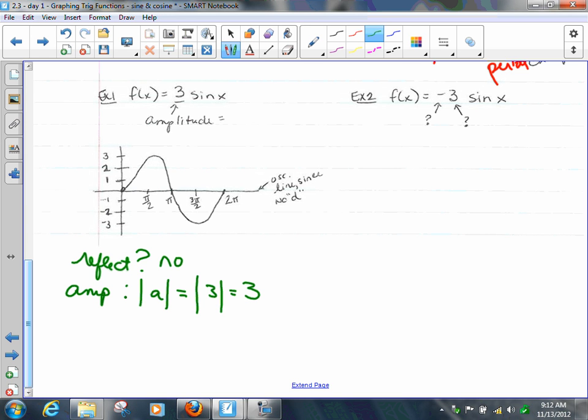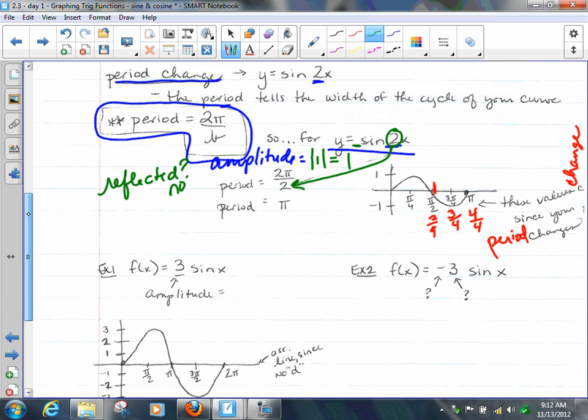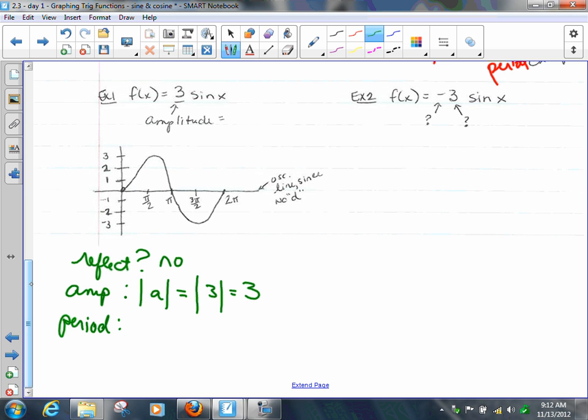And then the period. Remember, the period comes from the number that is directly in front of the x. What number is directly in front of the x? 1. It's there, but it's not there, right? So our period is 2 pi over 1, which is 2 pi.